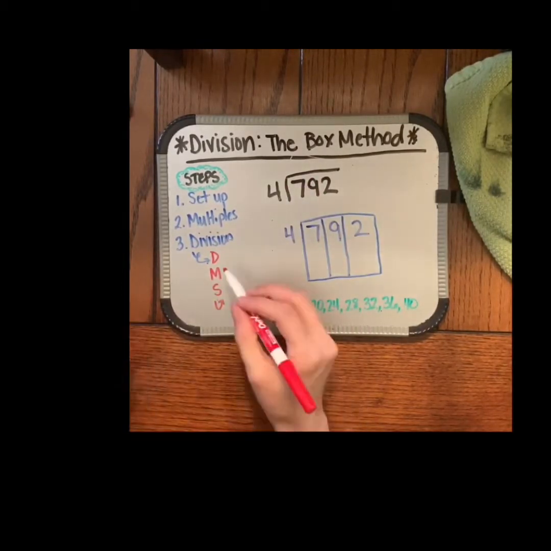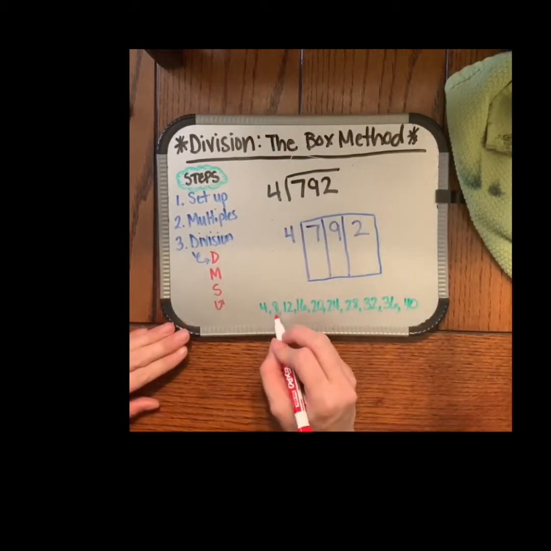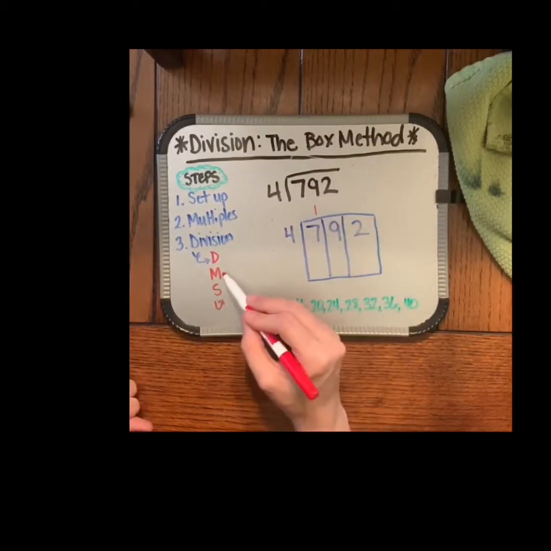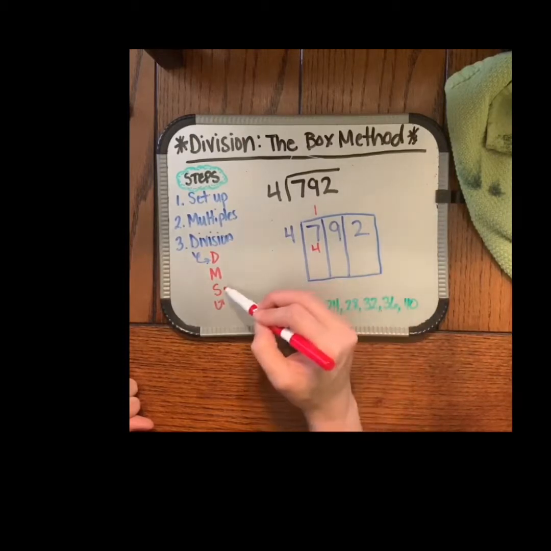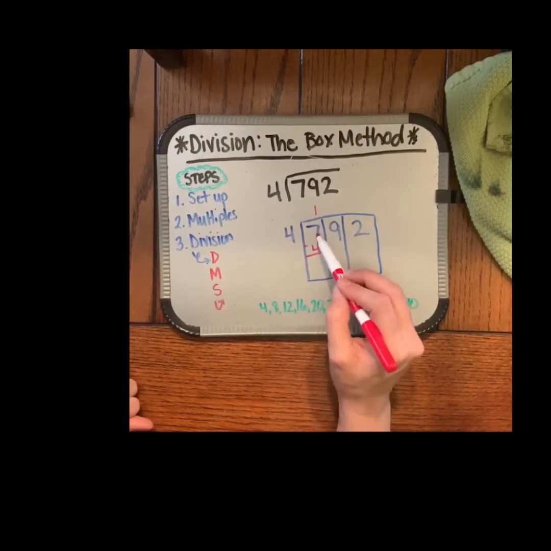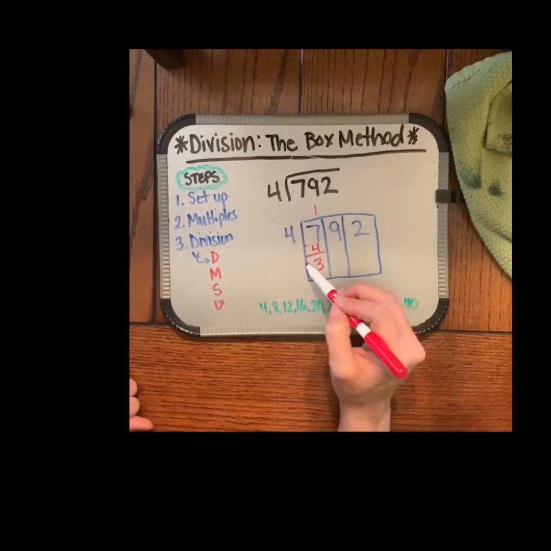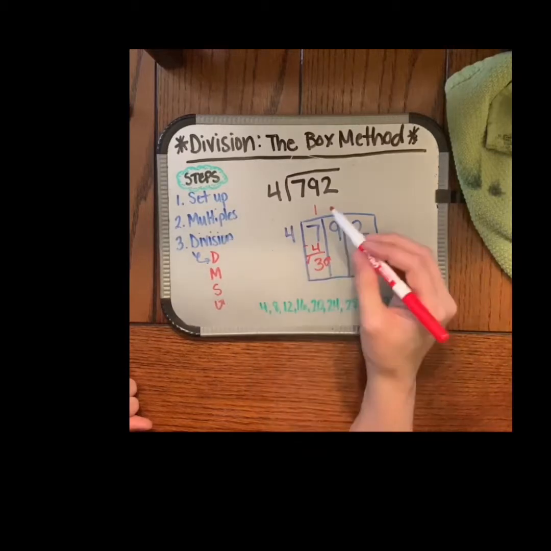Step number 1 is to divide. 4 goes into 7. Well, 8 is too much, so we're going to say 1 time. Now we're going to multiply. 4 times 1 is 4. Then we're going to subtract. 7 minus 4 is 3. 3 is smaller than 4, so far so good. I'm going to bring it up, the next step.